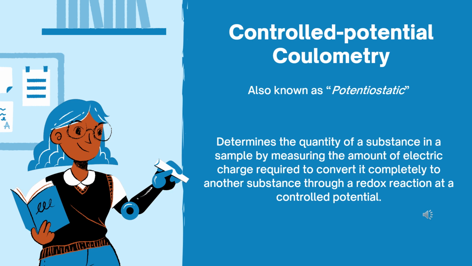This technique is particularly useful for analyzing substances that undergo irreversible reactions, as well as for determining the concentration of an analyte sample. It is commonly used in electrochemical analysis and applied in various fields, like environmental monitoring, pharmaceutical analysis, and quality control in industrial processes.